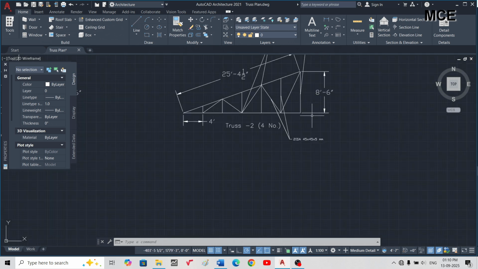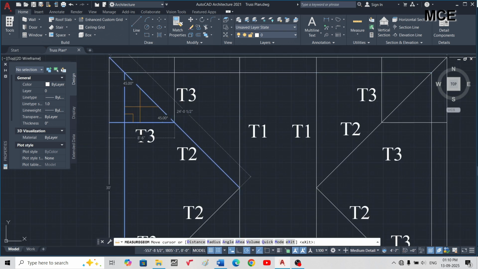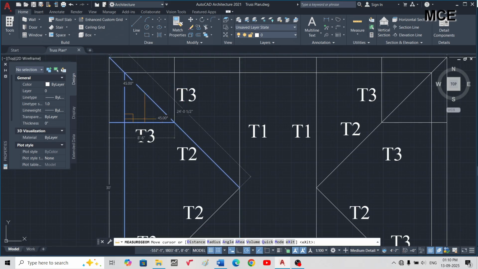After designing truss 2, now it's time to design truss 3. You can find the length of truss 3 as 8 feet 6 inches. It is placed at the midpoint of truss 2, so the rise will be half of truss 2, that is half of 8 feet 6 inch, which is 4 feet 3 inch. So the length of the bottom chord is 8 feet 6 inch, and the king post is 4 feet 3 inch.